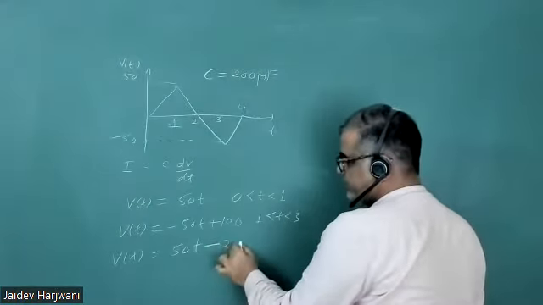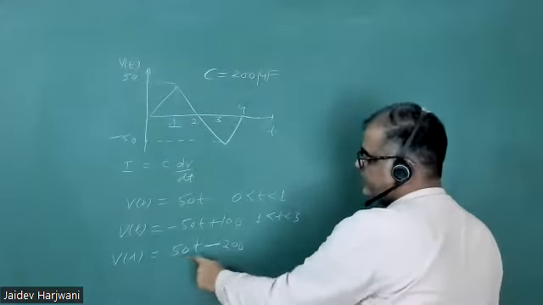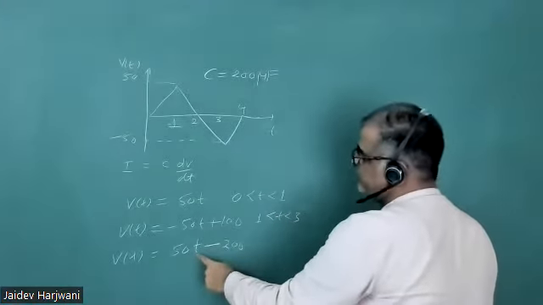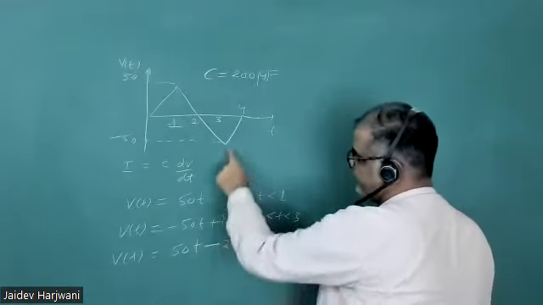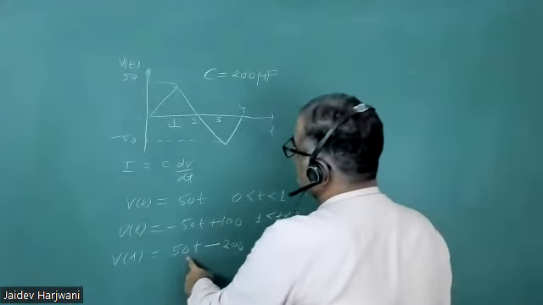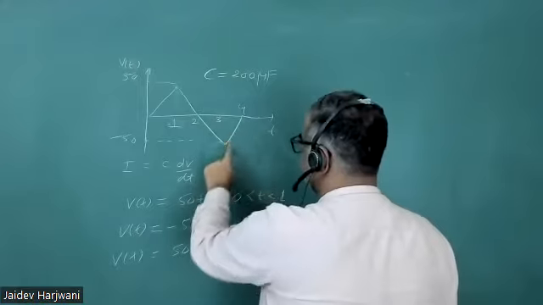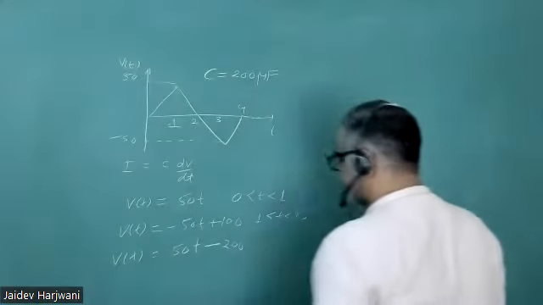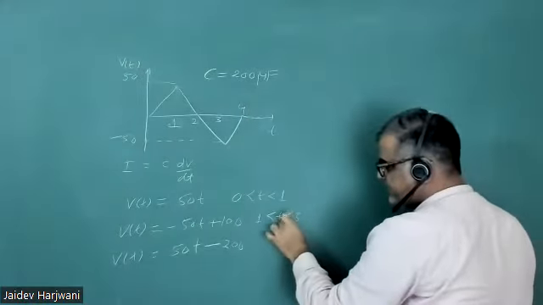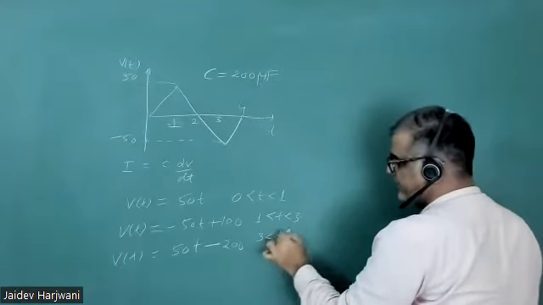If we put t equal to 4, 200 minus 200 is 0. If you put t equal to 3, then 150 minus 200 is minus 50. If you put t equal to 2, then 100. This is slope, this is a curve, so we have to show only these 2 points. Please check whether it's correct or not. So now 3 to 4.